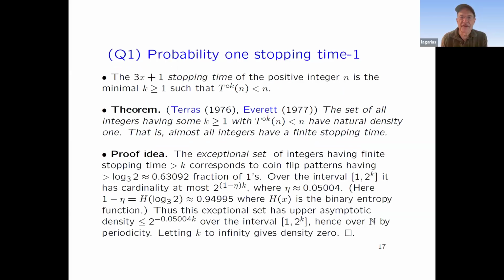So the stopping time introduced by Terras is the minimal k before you get T^k(n) less than n. And if for k bigger than or equal to 4 there always were a stopping time, then you would be able to prove the Collatz problem by induction. It just goes downhill to something smaller, you repeat.